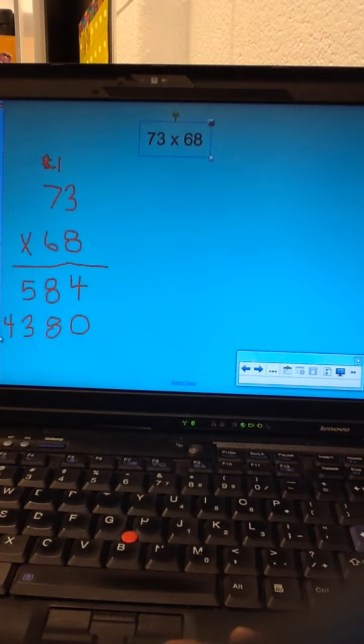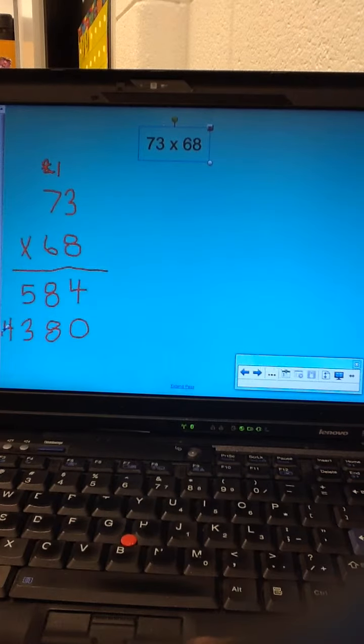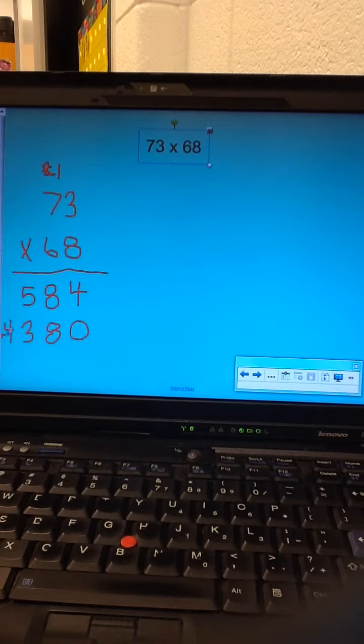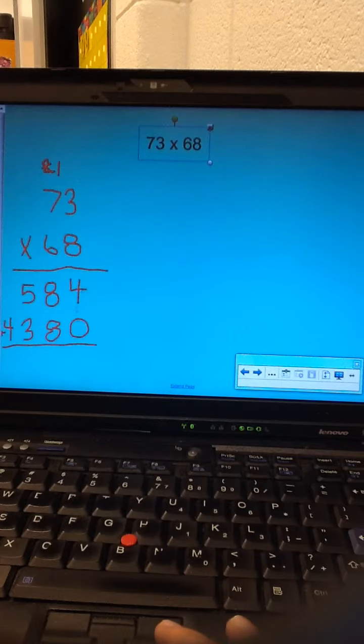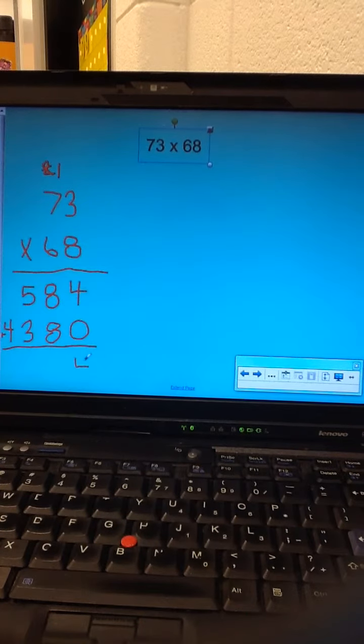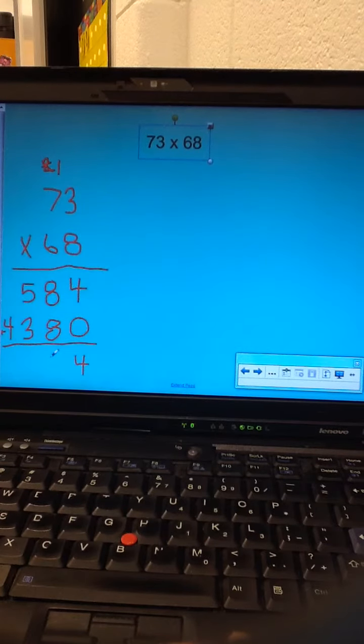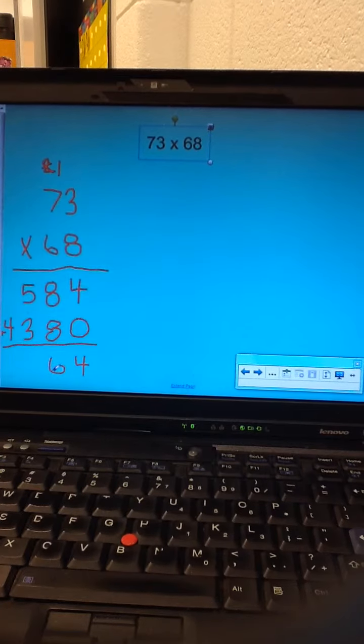Pause the video and complete the last step of adding them together. Hopefully you and your group said 4 plus 0 is 4. 8 plus 8 is 16, so you write your 6.